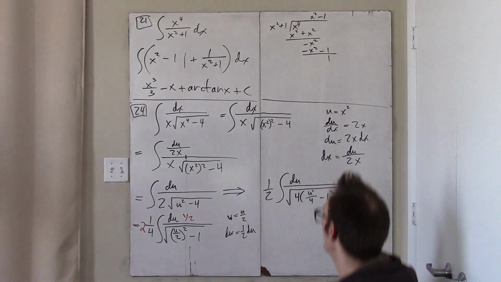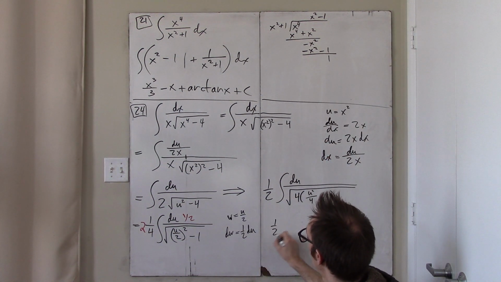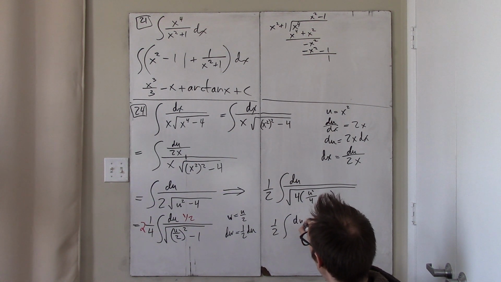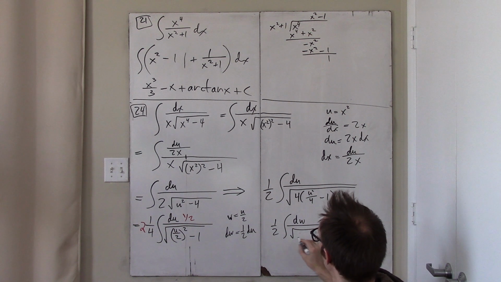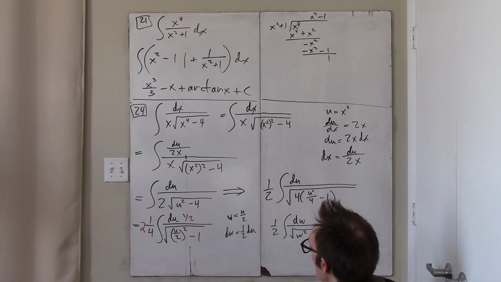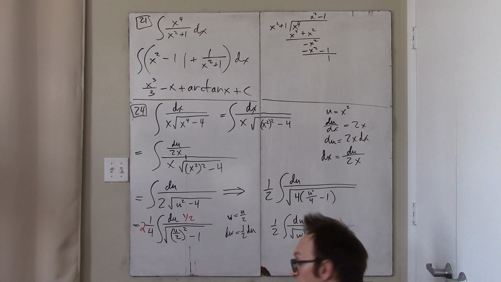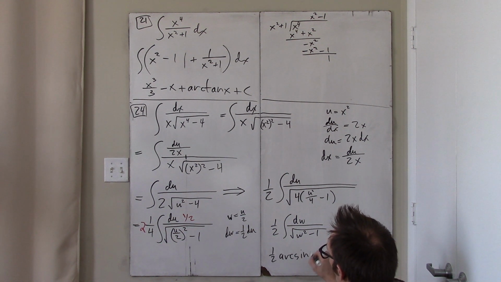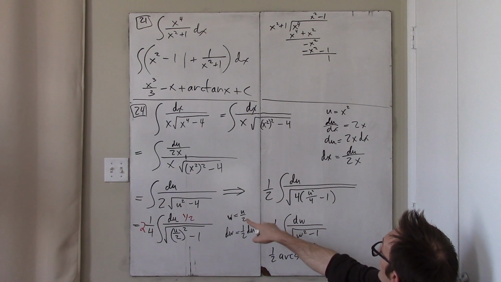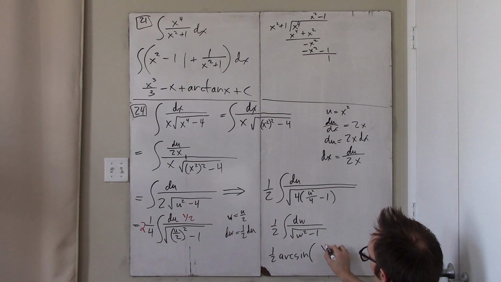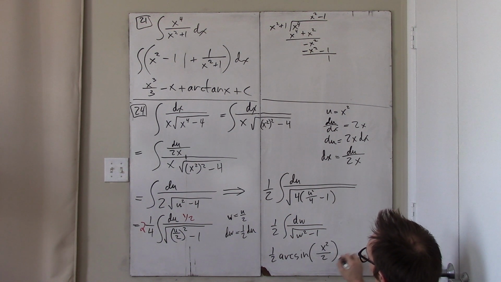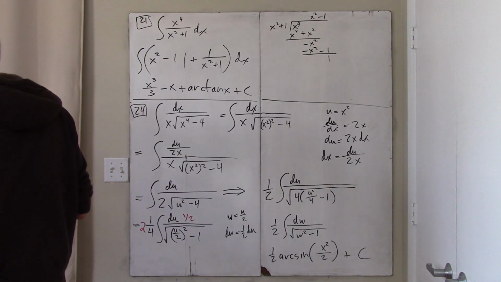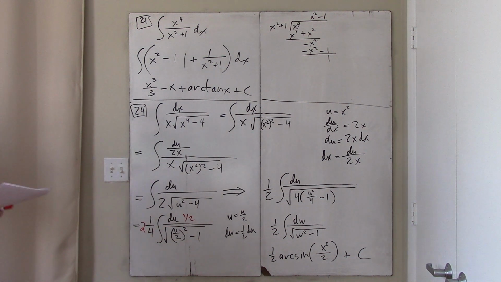So what I really get is 1/2 antiderivative dw over root w squared minus 1, and that is just arcsine w. So I get 1/2 arcsine w, but w is really u over 2, and u is really x squared, so x squared over 2 plus C. Alright, so that was pretty hard. You had to see ahead a little bit.